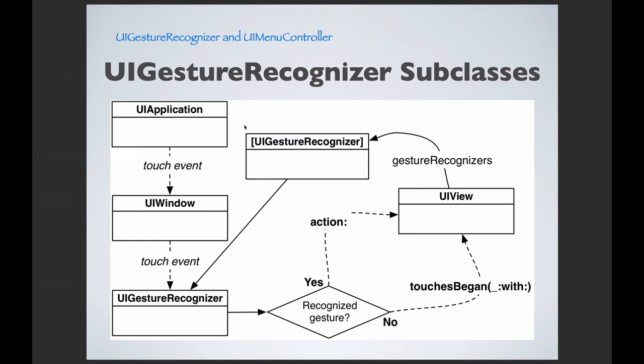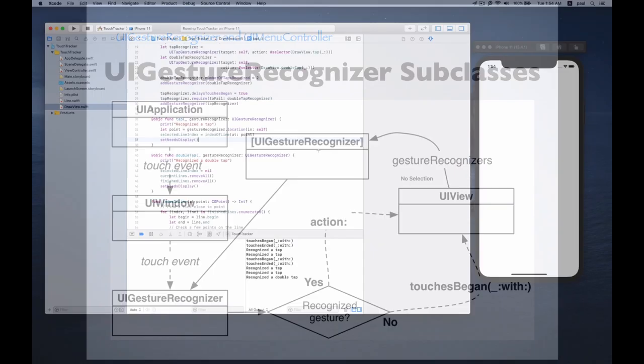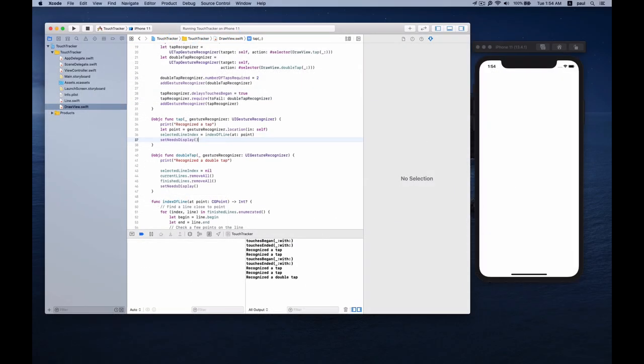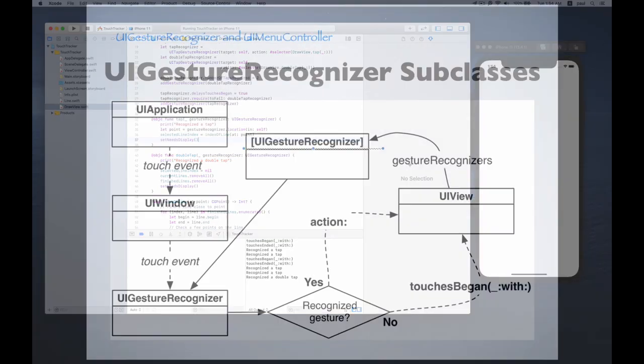To use an instance of a UIGestureRecognizer subclass, you give it a target-action pair and attach it to a view. Whenever the gesture recognizer recognizes its gesture on the view, it will send the action message to its target. All gesture recognizer action messages have the same form, just like the target-action you will see later.